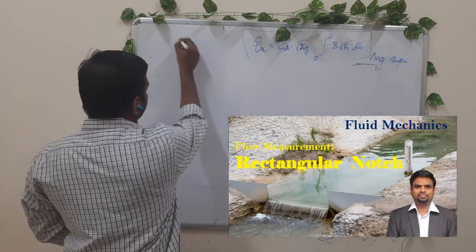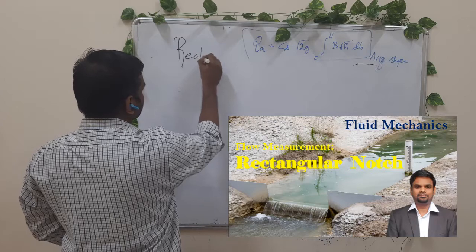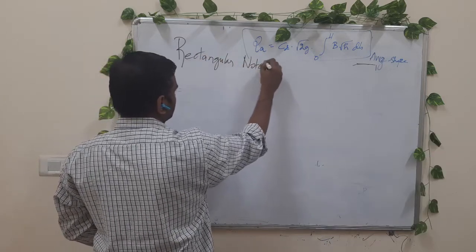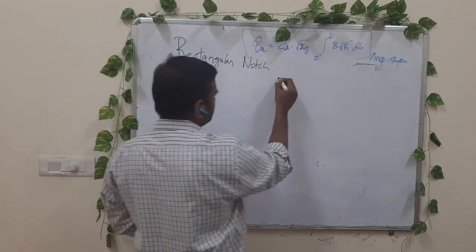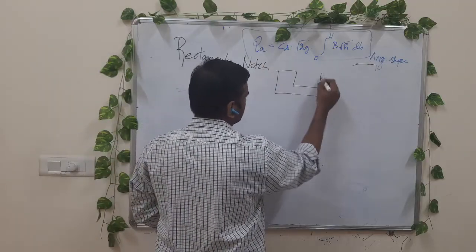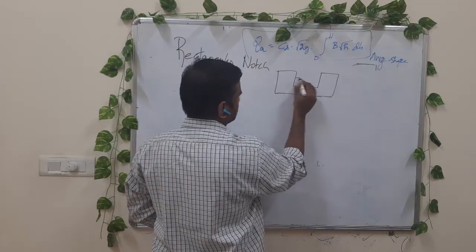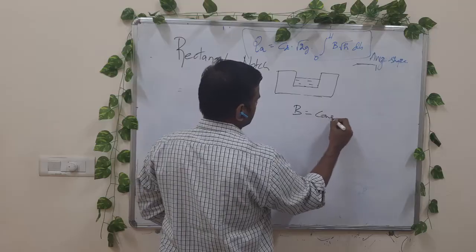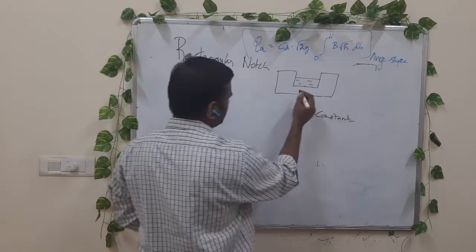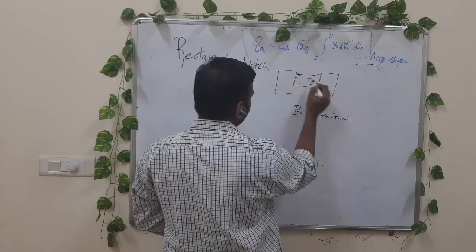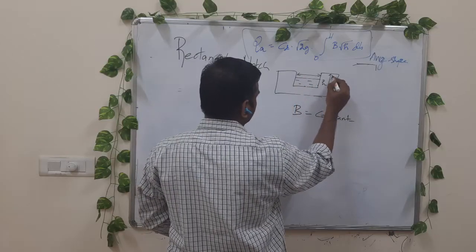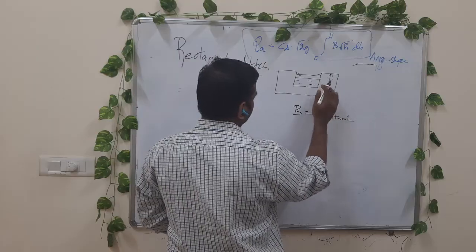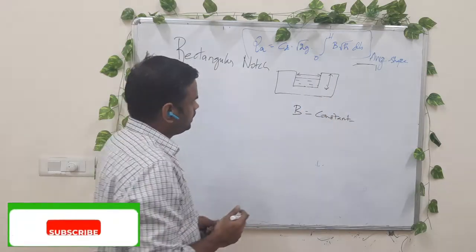If it is a rectangular notch, B is constant. Your B will not vary as a function of h.